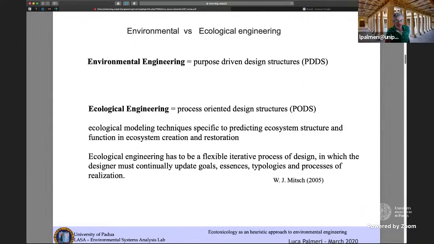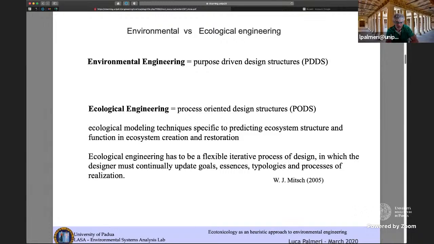So you see that from the ecological point of view, the ecological engineer will employ ecological models or ecological modeling techniques in order to have prediction of ecosystem structures and behavior. So these are important tools in order to intervene in the creation and restoration of ecosystems.